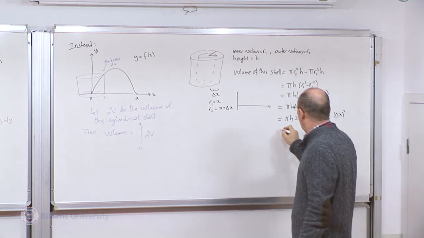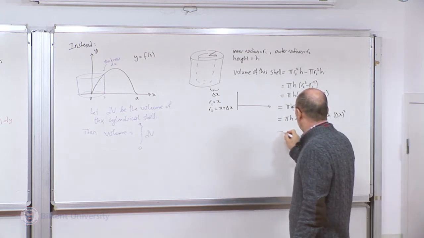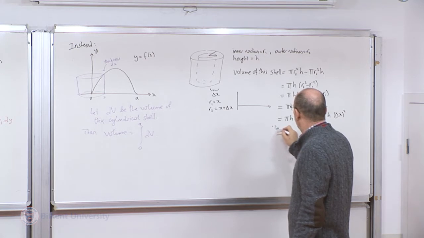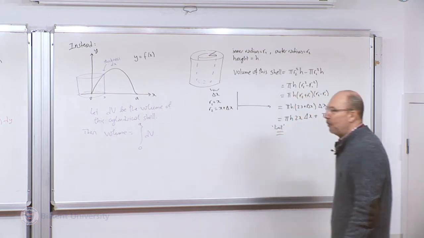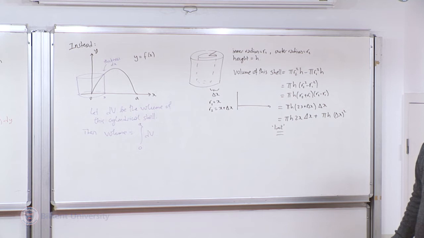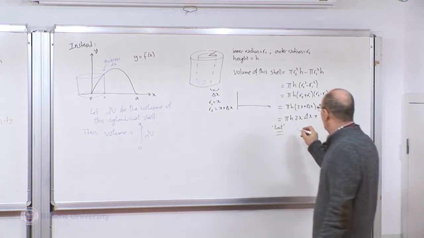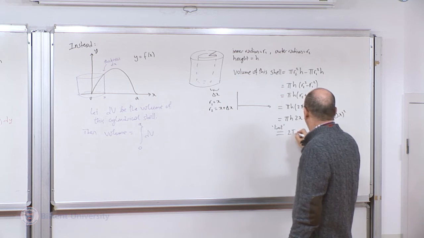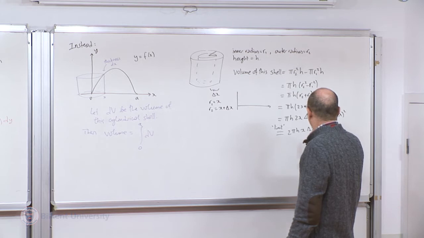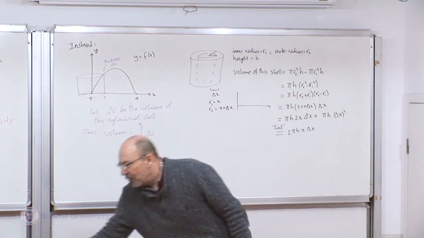So in the limit, this is how you invent calculus, and then you let some other people fill in the details. So this is 2 pi h x delta x, and delta x becomes dx.